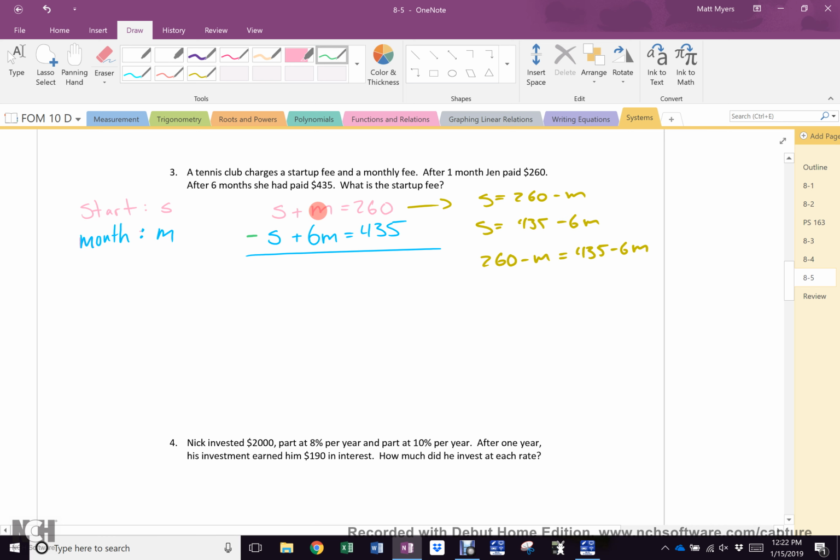What is M minus 6M? Negative 5M equals. What's 260 minus 435? Negative 225. What does M equal? How many times does 5 go into 225?